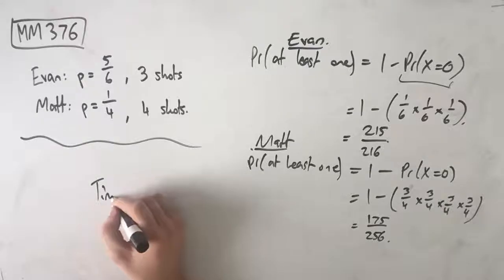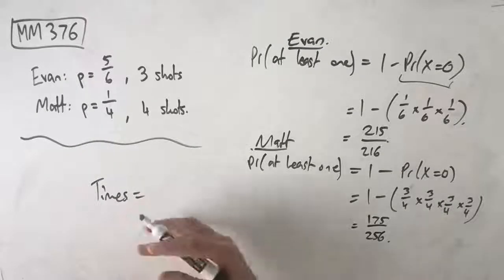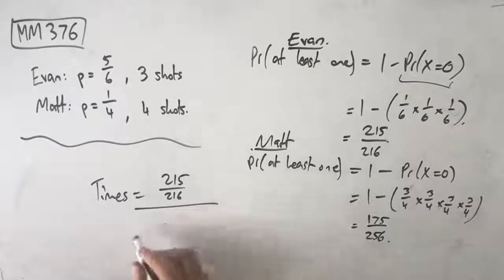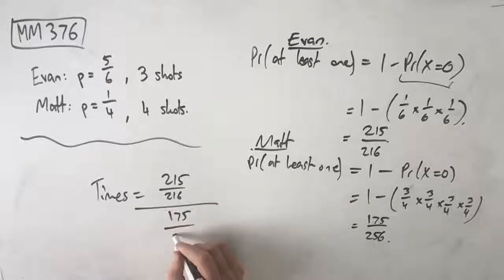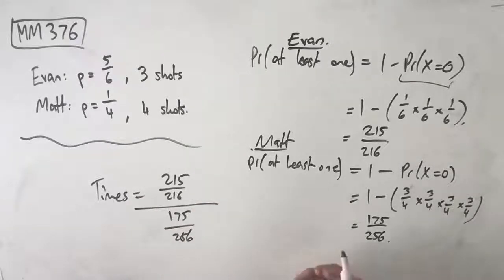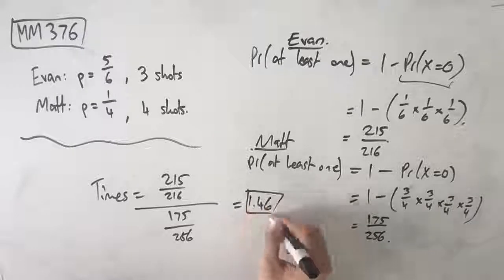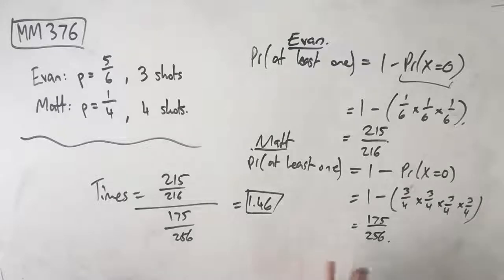So it's 215 over 216 divided by 175 over 256. And what that gives us is approximately 1.46, which means that Evan is 1.46 times more likely to score at least 1 goal, even when Matt has more shots at goal.